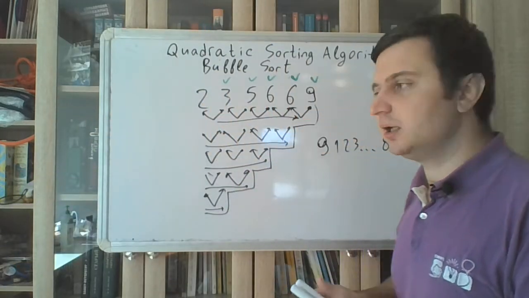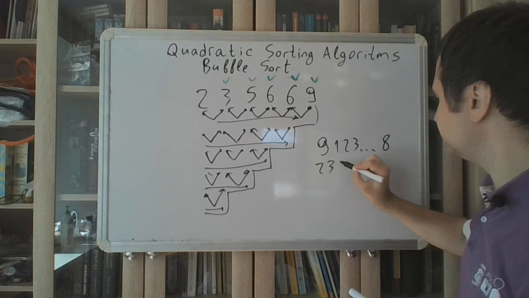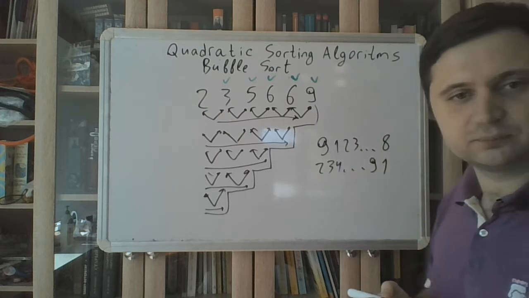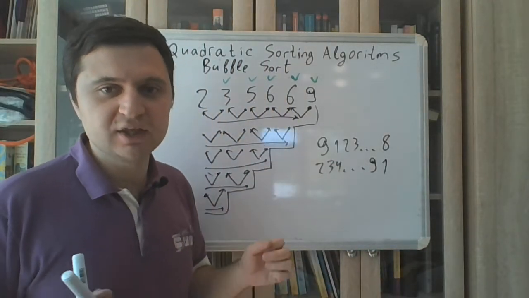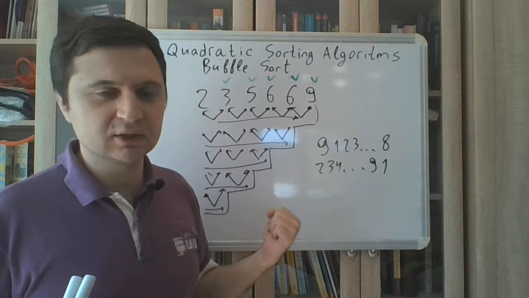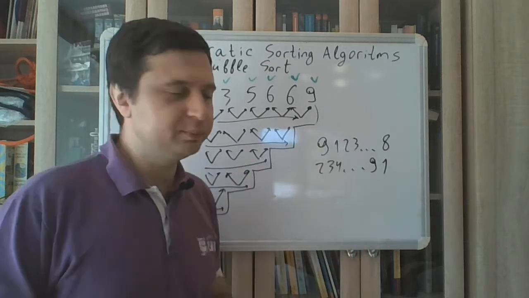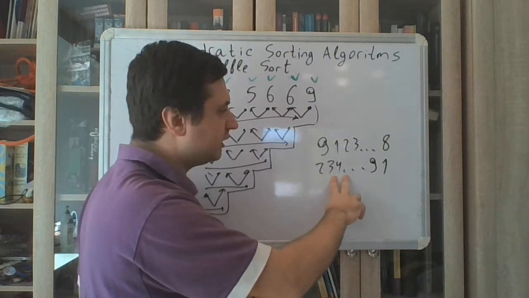But consider another array, which is 2, 3, 4, and so on, 9, and then a 1. As an exercise, let's think what bubble sort does on this array. So the first long for loop will not do anything about 2, 3, not do anything about 3, 4, and so on.